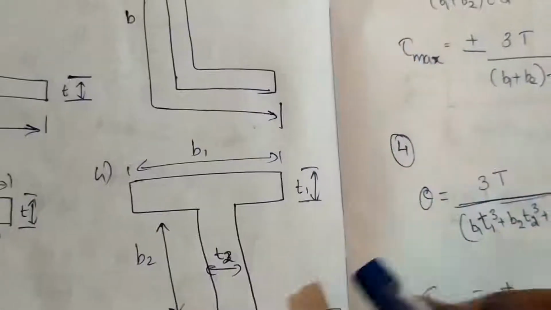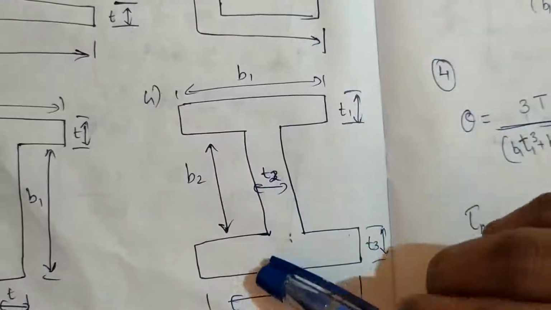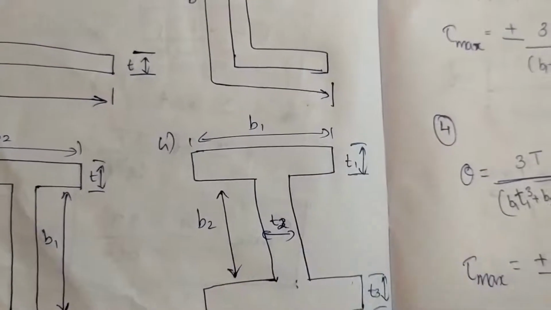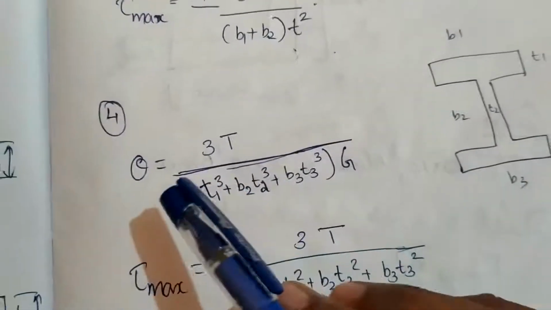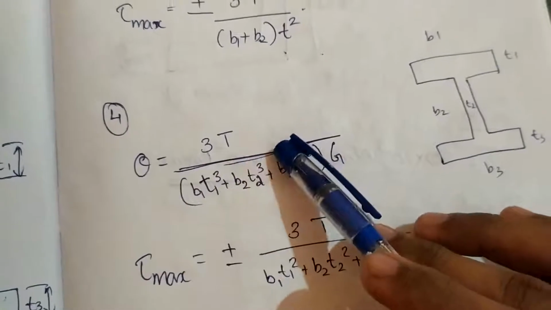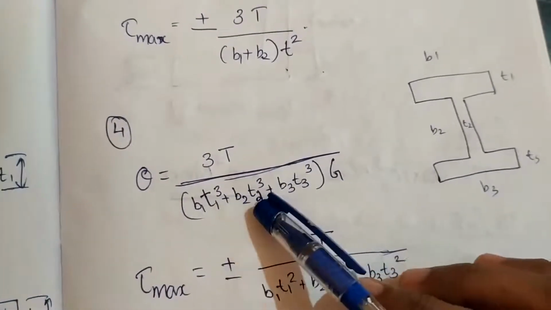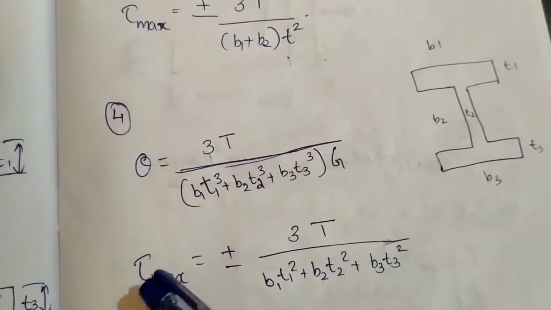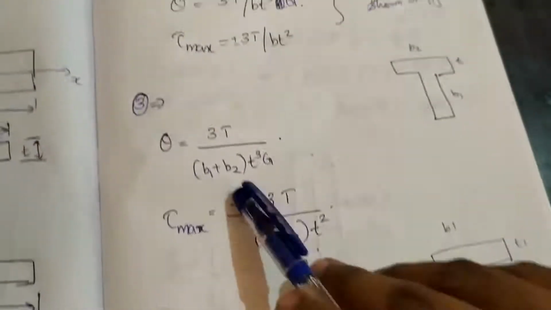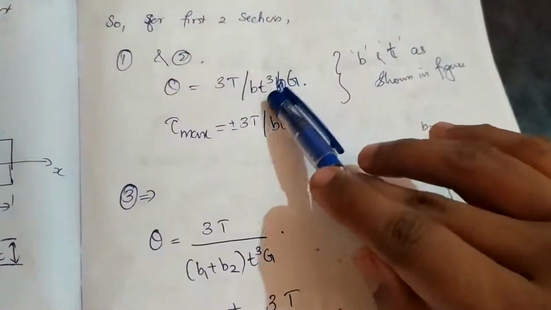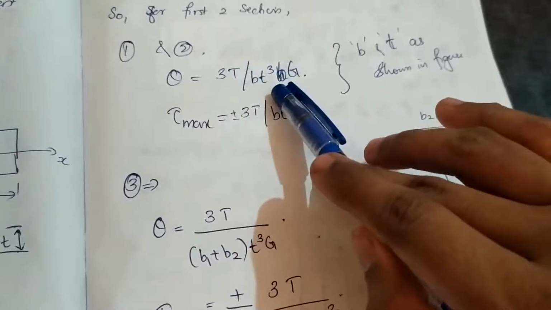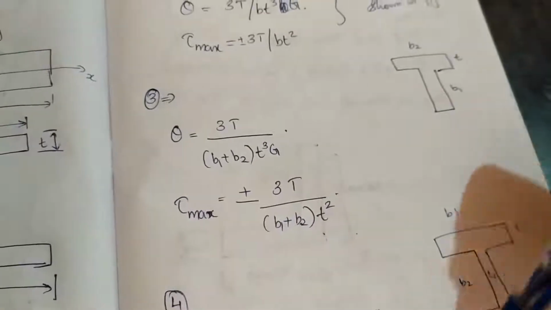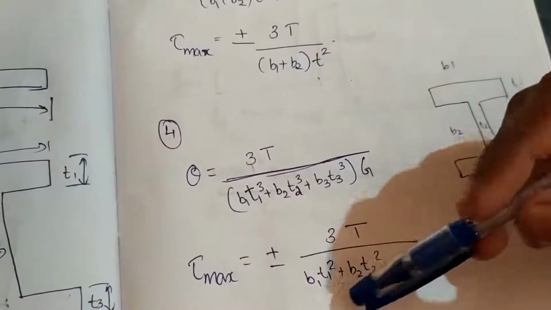Now if it is an I section with several parts, it is going to be different. For an I section, theta will be 3T by B1 T1 cube plus B2 T2 cube plus B3 T3 cube into G. Similarly for tau max, in the denominator term, B and T are taken together, and if there are 4 or 5 sections, you add these terms. That is tau max.